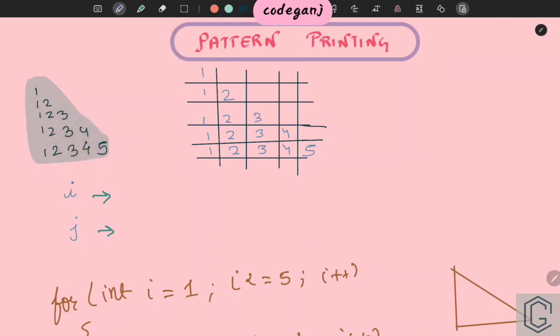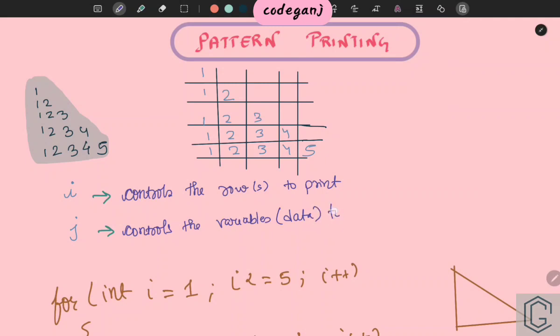i controls the rows to print. Normally in most cases this is what happens, I'm just telling you the most common case. And j controls the variables, that means the data to print.